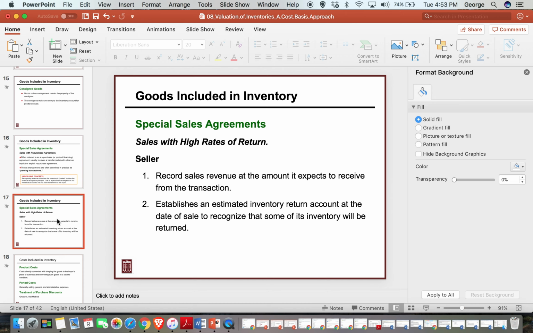So when we talk about a high rate of return, sales returns are high. In this case, you have 10% of your sales being returned, then you're normally going to probably be required by your auditor to set up some kind of allowance account for that sale.